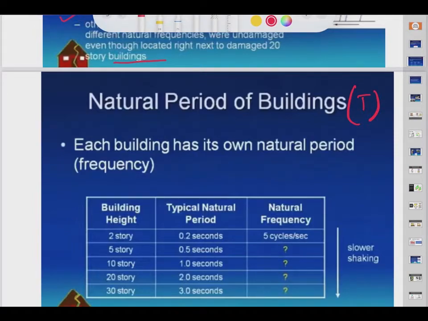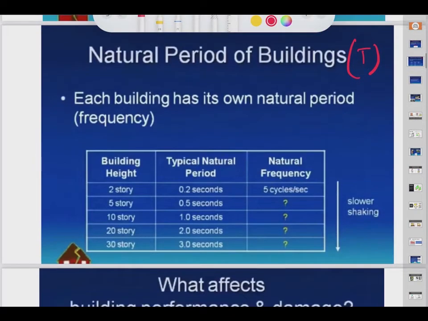So each building has its own natural period. So if a building's height is 2 stories, then the time period is 0.2 seconds. Generally time period is equal to height by 10 seconds. Alright. So if the building height is 5 stories, the time period is 0.5 seconds. 20 stories, 20 by 10 is 2 seconds, like this.